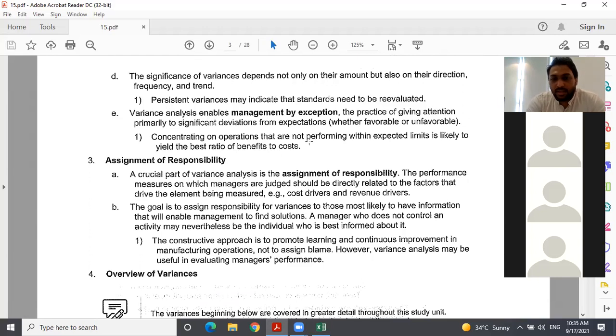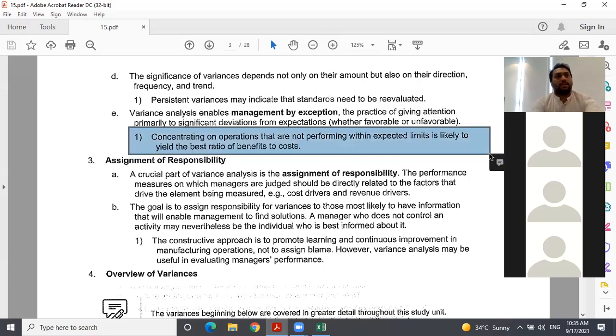Concentrating on the operations that are not performing within expected limits is likely to yield the best ratio of benefit to cost. So here, this is what we studied in one of the chapters, like bottleneck. You remember this word, bottleneck?